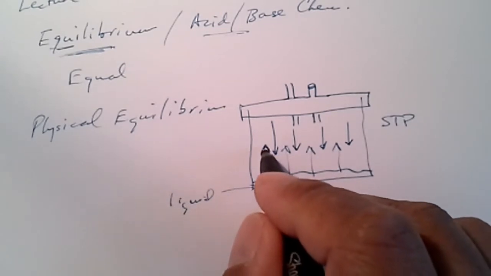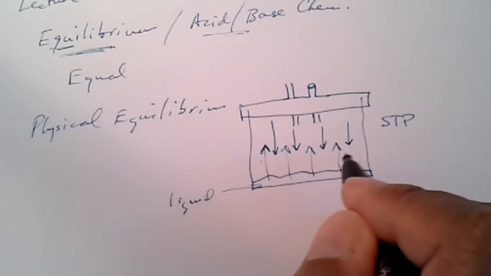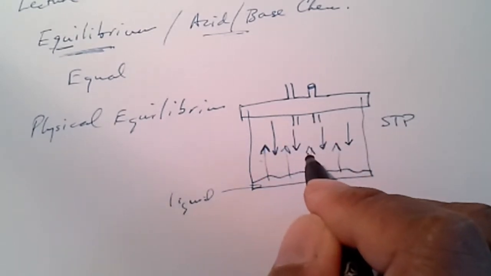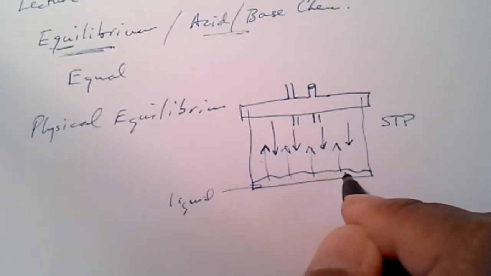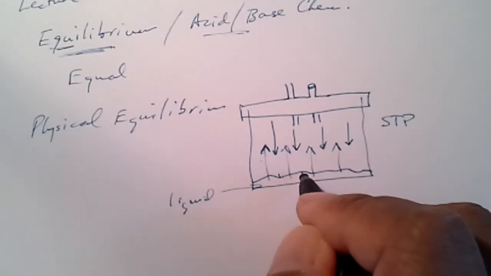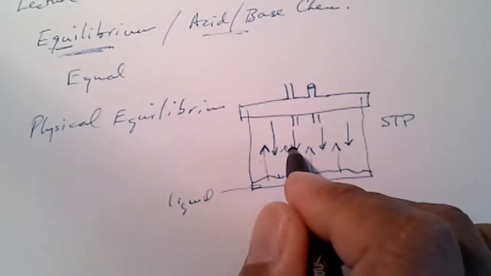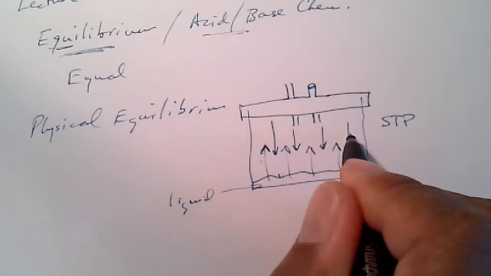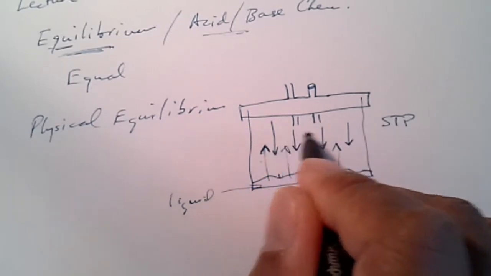So because you have a low concentration of water in the space above the liquid, and obviously a high concentration of water here, the water vapor that is released will equilibrate with the space that's empty above the water.